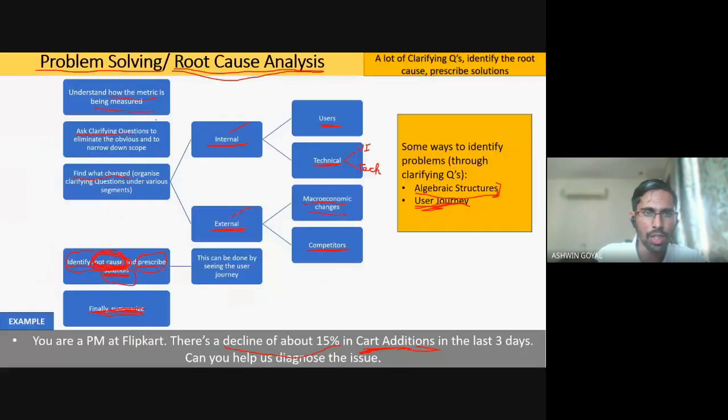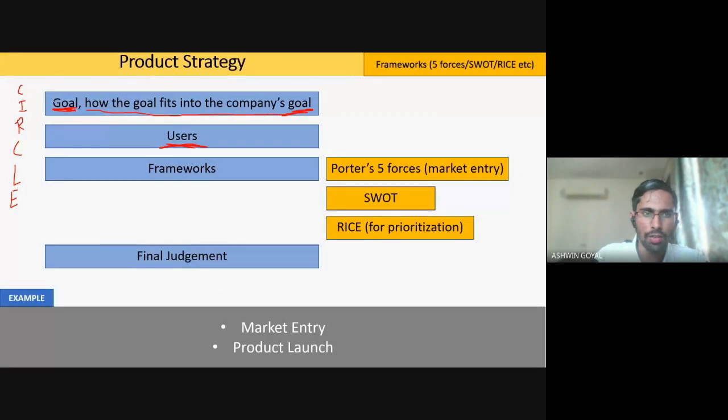For example, in this case, first they'll identify the goal and then probably understand the company's goal, then the users, and after this they might even go ahead and understand the needs of some potential users, and then they might move to frameworks or whatever. So at the crux of everything is the basic circles framework, and I have derived every framework from that only. So you can talk about the users here, and then you can use some frameworks.